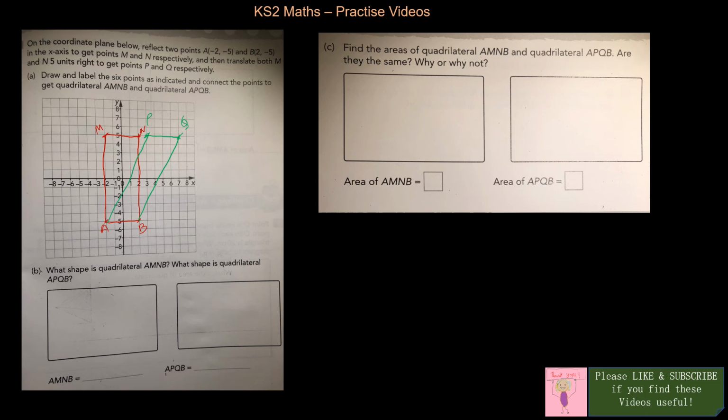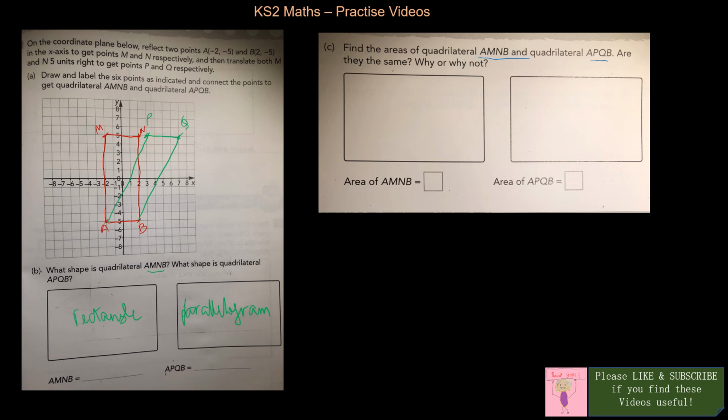So what is the shape of the quadrilateral AMNB? AMNB is a rectangle, and this is a parallelogram. Next it is saying find the areas of the quadrilateral AMNB and quadrilateral APQB.